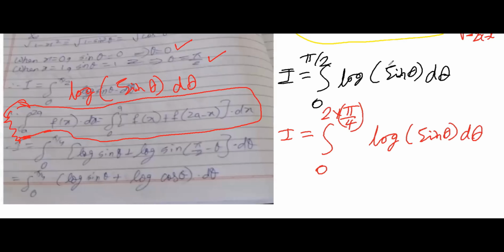Tell me one thing: if you put 0 in place of theta, what is sin 0? Sin 0 is 0. What is log 0? Log 0 is, I am sorry, log 0 is infinite, and that too minus infinite. And what is sin of pi by 2? Sin pi by 2 is 1, and log of 1 is 0, so not a problem.